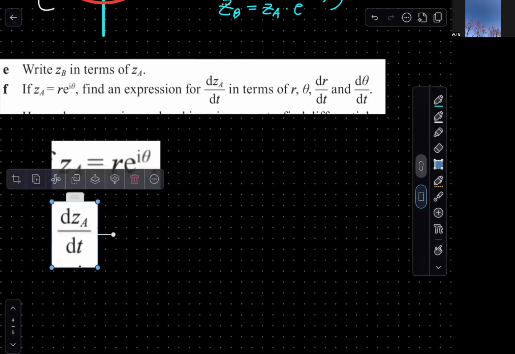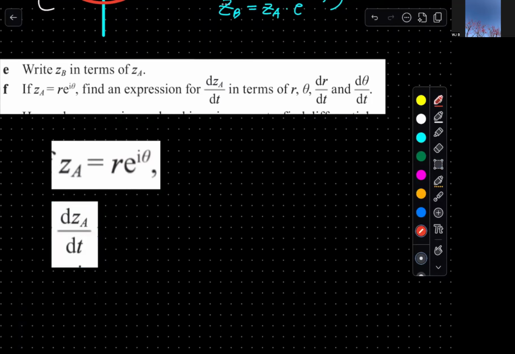But I hope you realize now we have 2 parameters: I've got the parameter r and the parameter theta. And in fact, they are variable because, while chasing each other, the angles are changing as well as the modulus. So now I need to do the product rule and implicit differentiation. Let's try that. If I do the product rule, I'm going to differentiate the modulus first with respect to t, but it should be implicit.